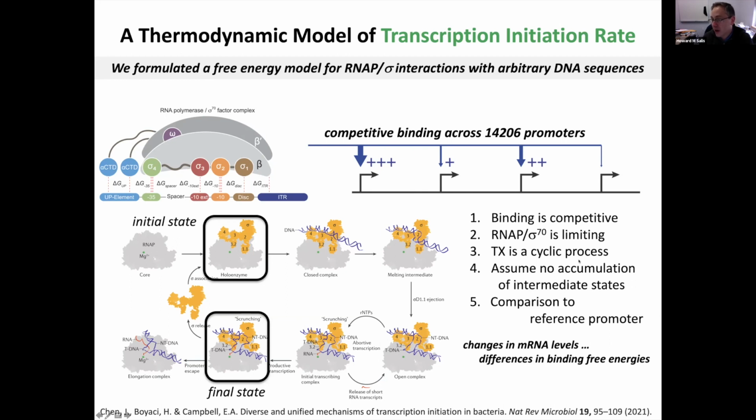So there's plenty of time for multiple rounds of transcription to take place, which means that during model development, we can actually assume that we do not have any accumulation of intermediate states. And so when writing down the equations in this model, we come to a point where we have to start making assumptions. We do assume that there is no accumulation of those intermediate states, but we've also set up the experiments to make that very true.